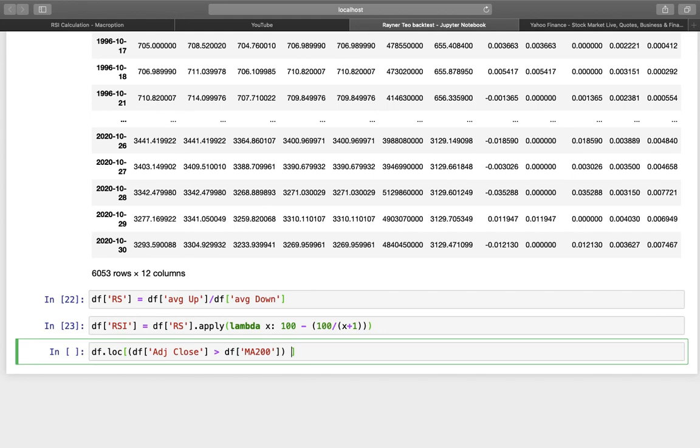And our second condition is, and the RSI is smaller than 30. And what do we want to do? So we have to take parentheses here. And now what we want to do is to define buy here.